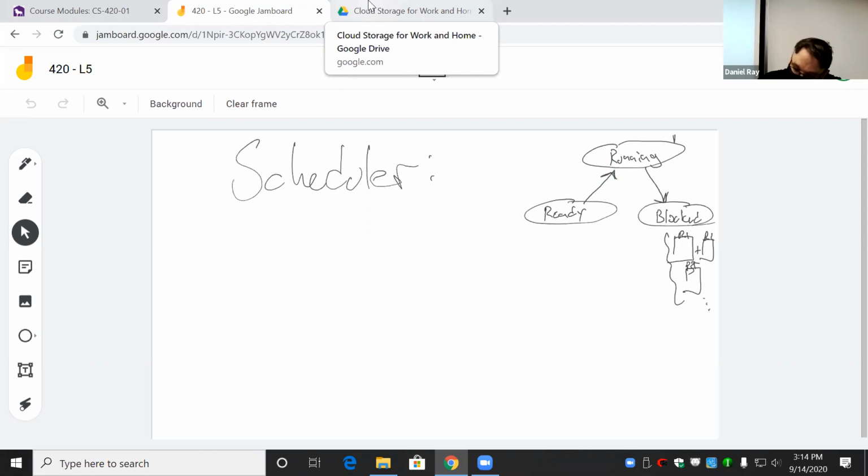It's also possible that you can go from blocked to ready because your resource is released. And it's also possible that you might be running and just be moved to the ready state. Okay? So we mentioned really 4 distinct times when we need the scheduler.